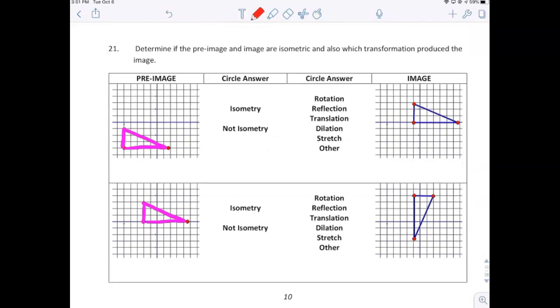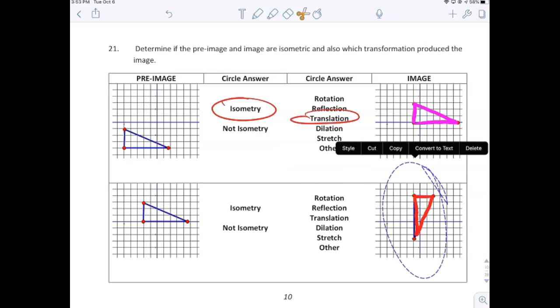So at the bottom of page 10, I'm going to jump down to that, which is example 21. I started here at pre-image, and I'm going to the image over here. You can see the only thing that happened here was it slid. And if you slide something without changing the size or angles, you are a rigid motion, you are an isometry. And when you slide something, it's called a translation. This example looks like I was turning it. I rotated it.